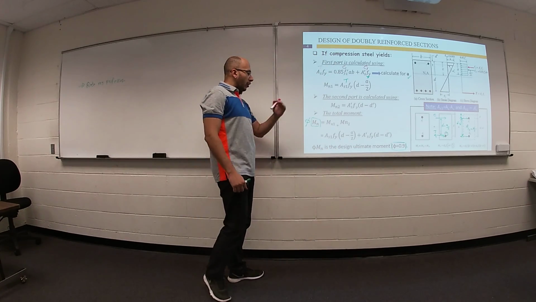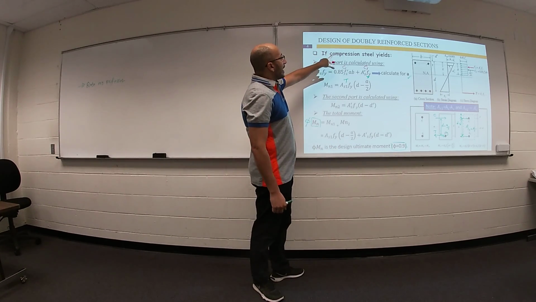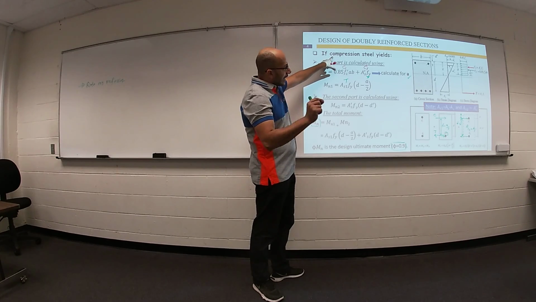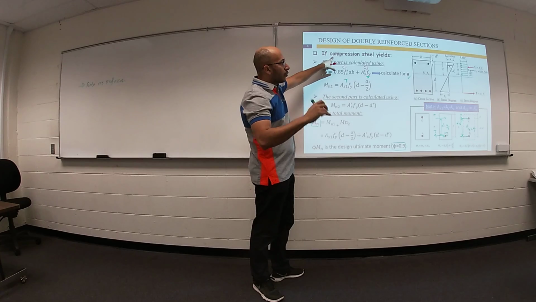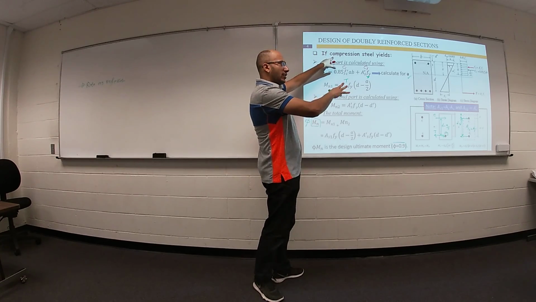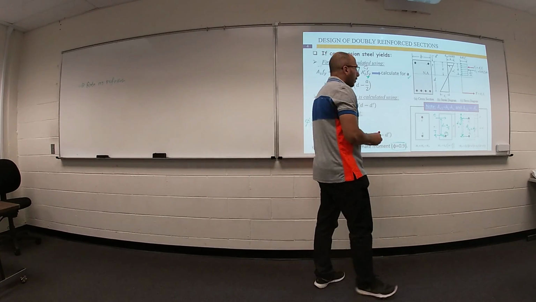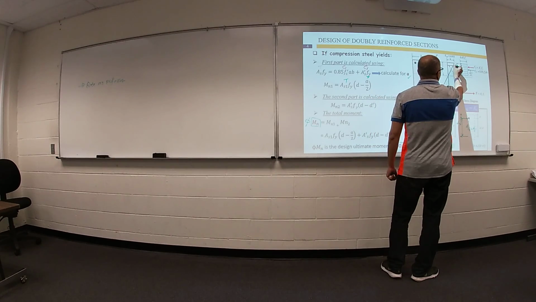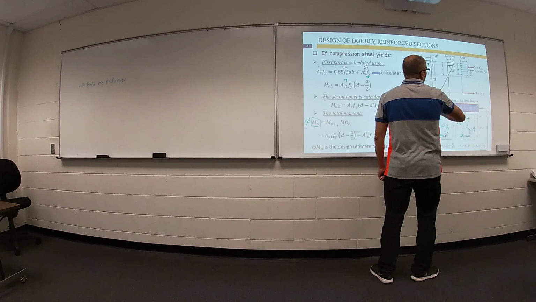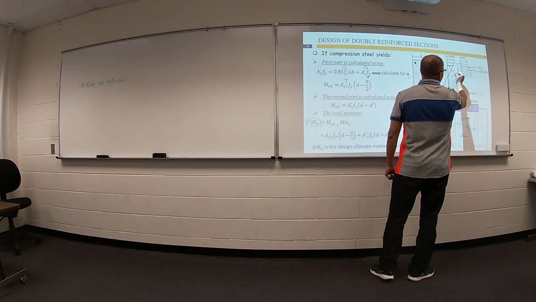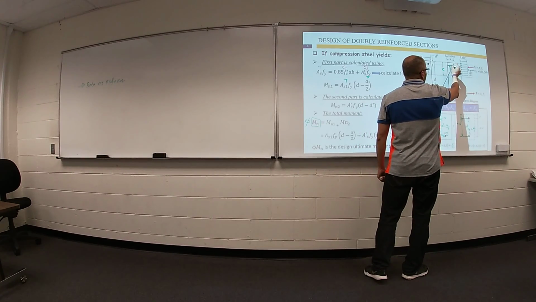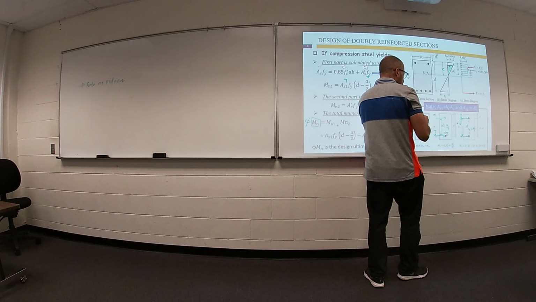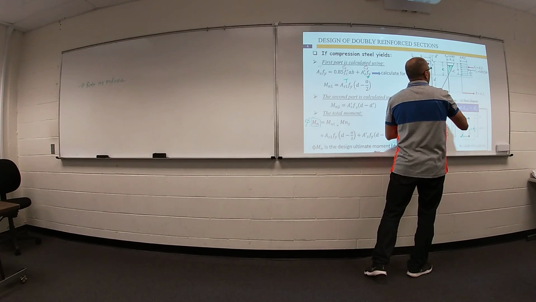Remember, you made an assumption at the beginning: you assumed the compression steel reinforcement yields. We need to check whether this assumption is correct or not. So we have two triangles. I'm looking for this value, which is called epsilon steel prime. This value in this little triangle is similar to another triangle, this one.